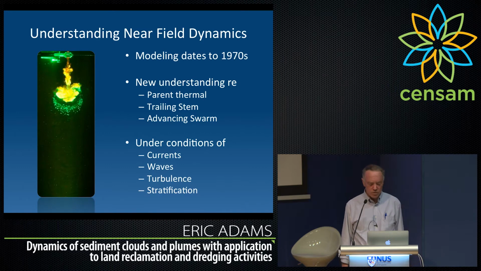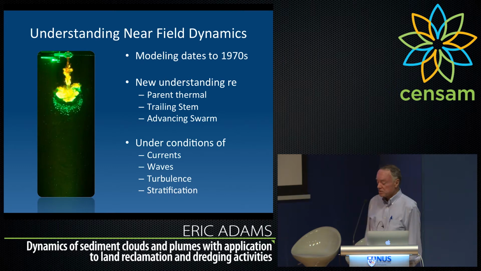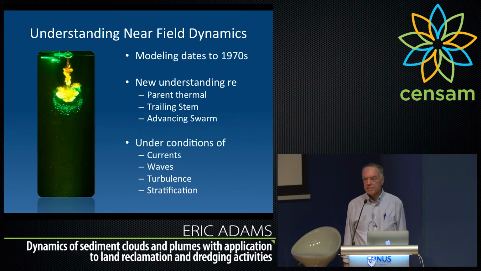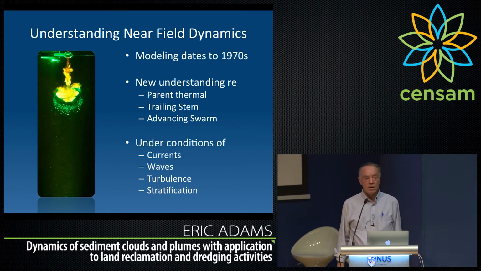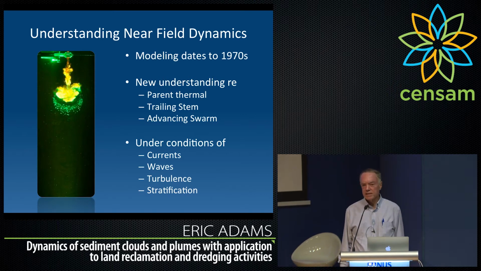So let's start off with where the state of the art was. It dates back to the late 1970s when Koh and Chang from Caltech and Tetra Tech developed a model to try to explain the behavior of sediment thermals or clouds when they were released instantaneously into the environment.